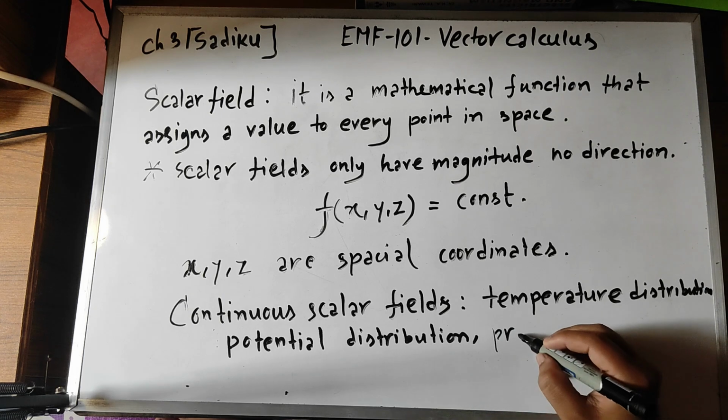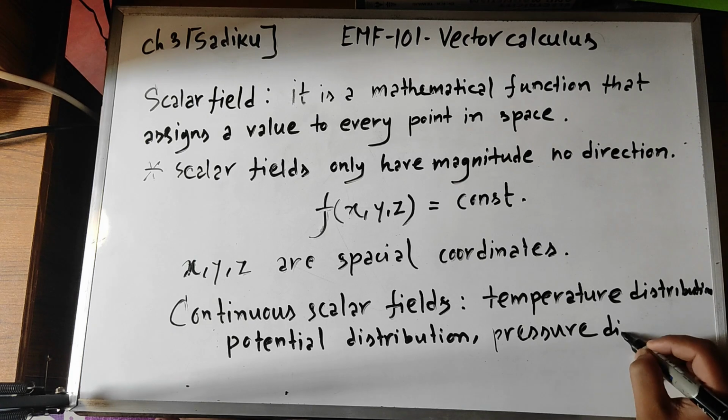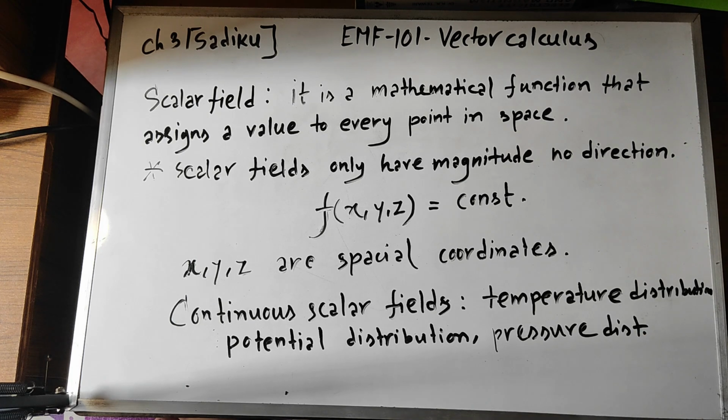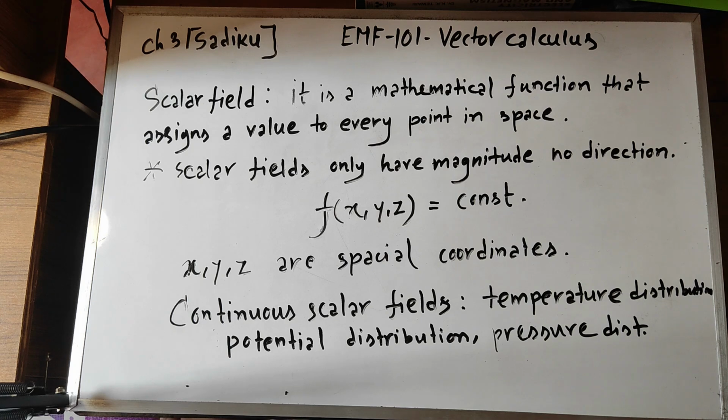So these are the well-known examples of continuous scalar fields. Scalar fields have only magnitudes, no direction. Scalar fields can also be defined as the distribution of a scalar quantity with a definite position in space-time.